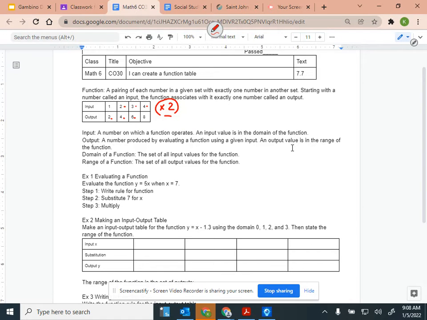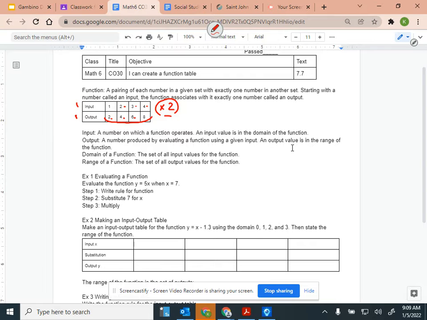Domain of a function, the set of all input values for the function. And the range of a function is the set of all output values of the function. So the domain is the input, the range is your output. So for this function table, our range was 2, 4, 6, 8.